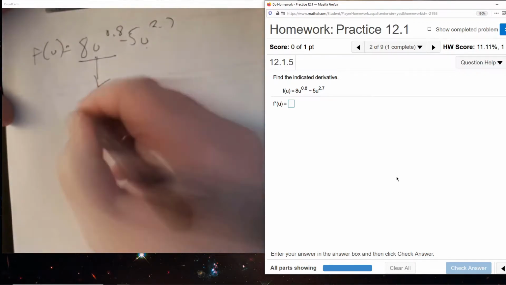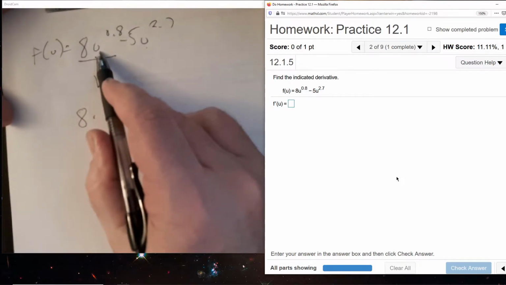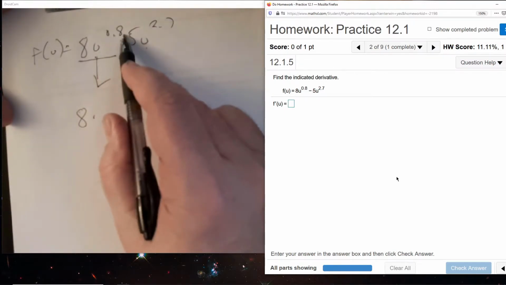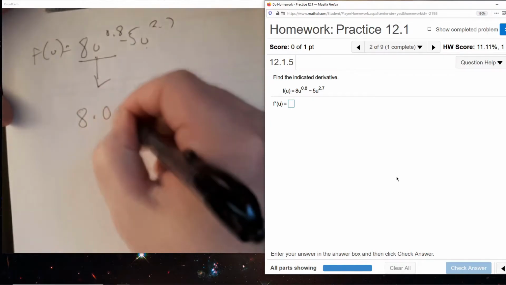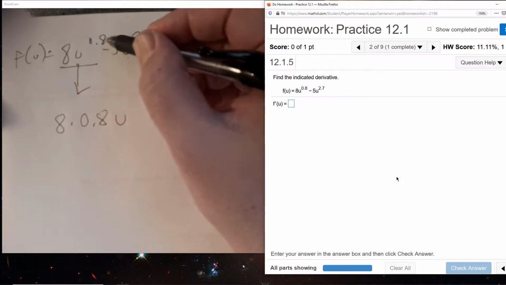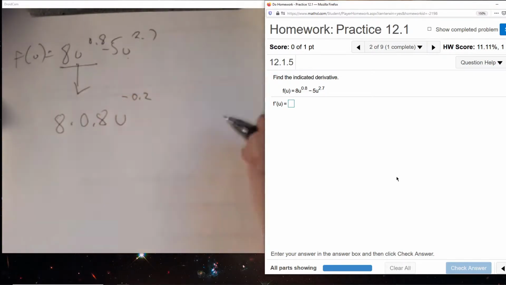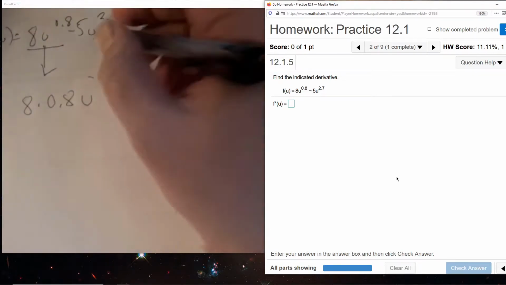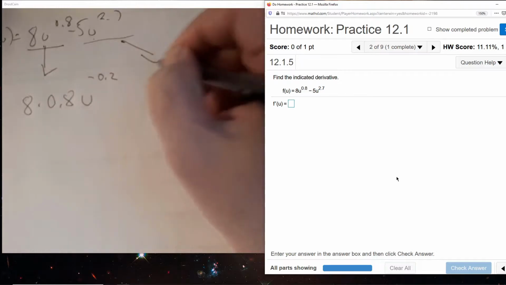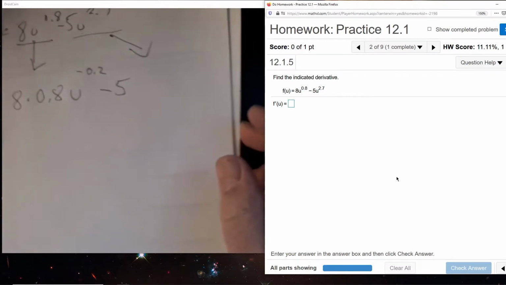So we have the constant times the derivative. So 0.8 drops down. And then we subtract 1 from the exponent. So 0.8 minus 1. And then we go to the next term. We'll do this derivative. So we'll have minus 5, our constant.